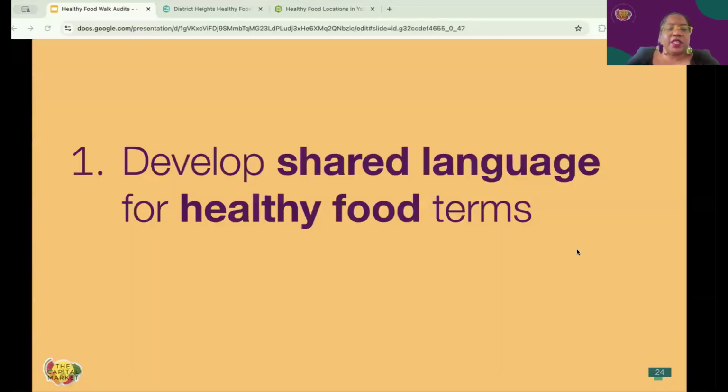So one of the first things that we did, again, as I mentioned, for conducting our healthy food walk audits, is conducting these community conversations. The purpose of conducting the community conversations was to develop a shared language for healthy food terms. As planners, sometimes we go into the community, and we have our own definition, we're using terms, and some of those terms do not resonate at all with community members.